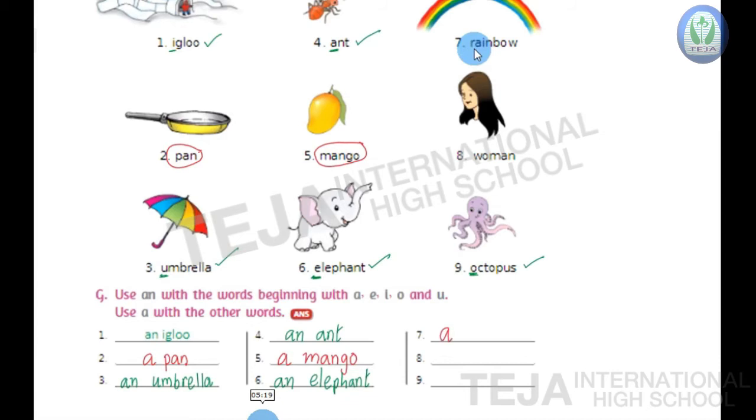So write a rainbow. Write a rainbow in the blank. Now next, eighth one, woman. Okay, here woman. The starting letter is W. W is a consonant. So write a woman in the blank.